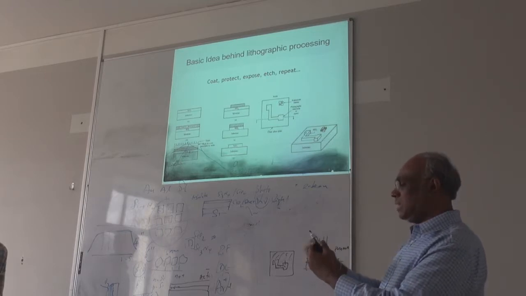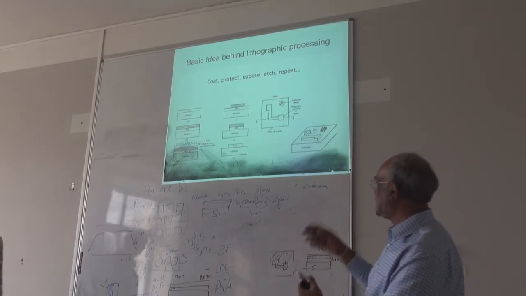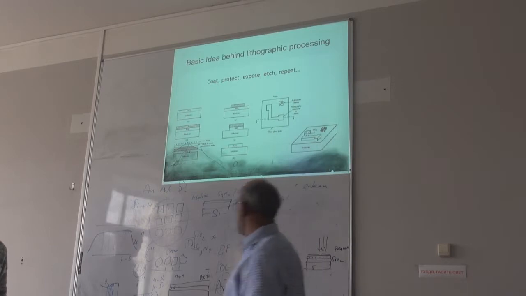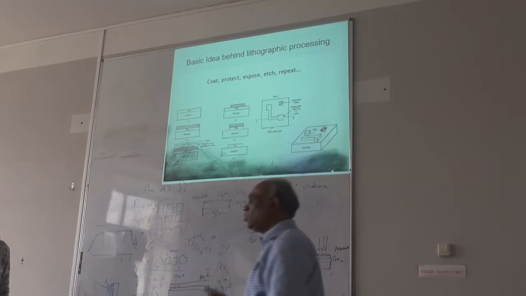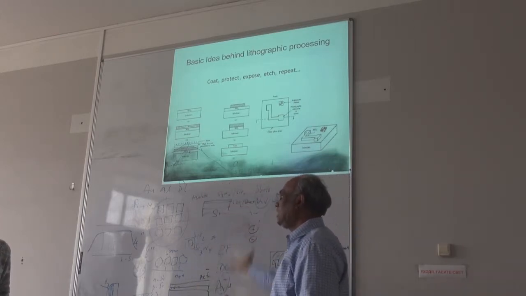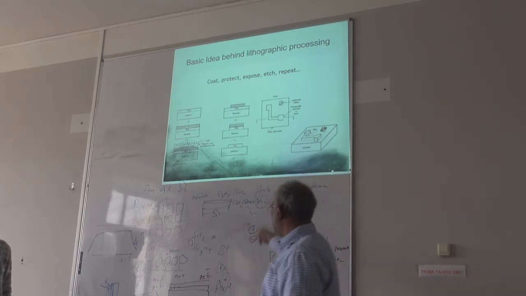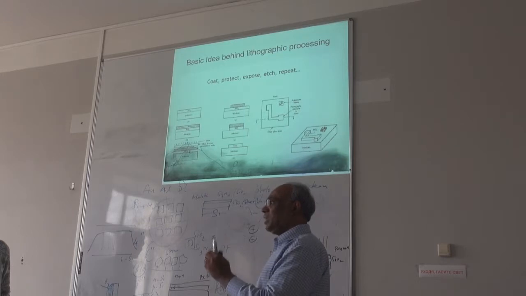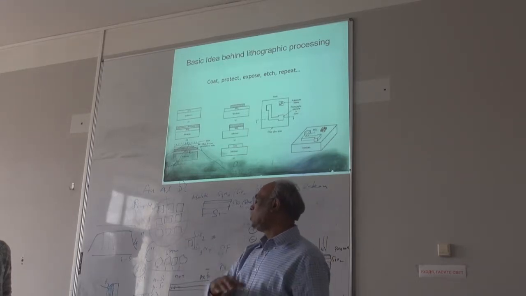So then you can remove that part, or there's two kinds of polymers. There's something called positive or negative photoresist. Positive means the one that gets exposed can be easily removed by developing. Negative means the one not exposed can be removed easily.